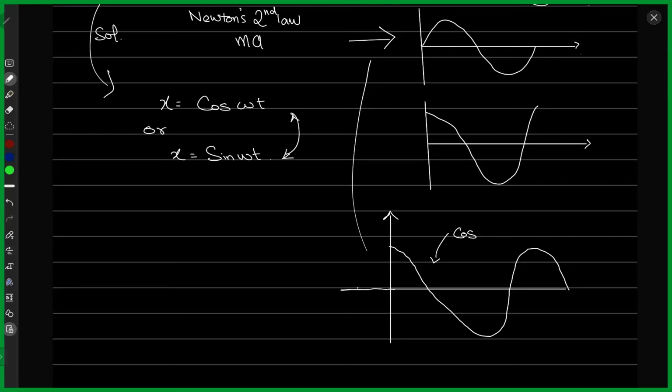Now I can pick any one of these solutions. For our purposes, let's say the solution that we'll follow is x equals sine omega t. For some purposes, we also have to put a constant here, and we'll call that constant x naught.